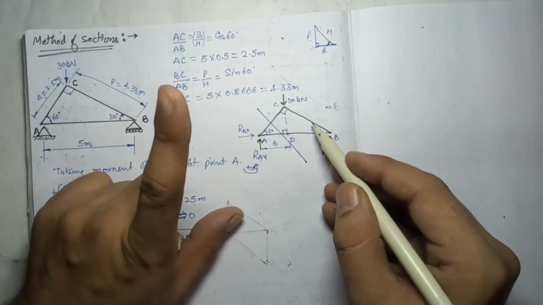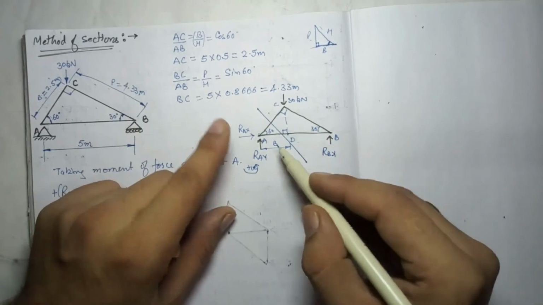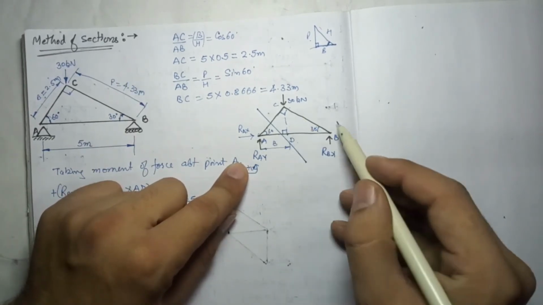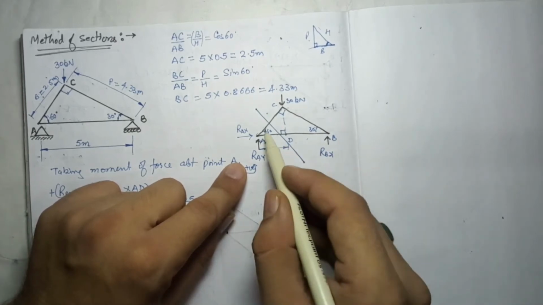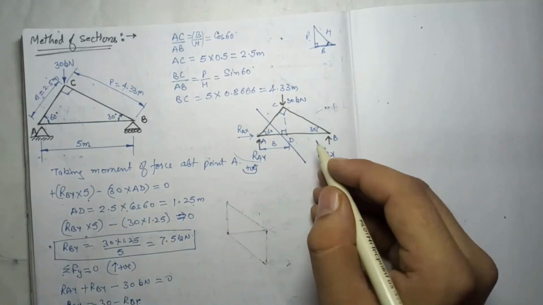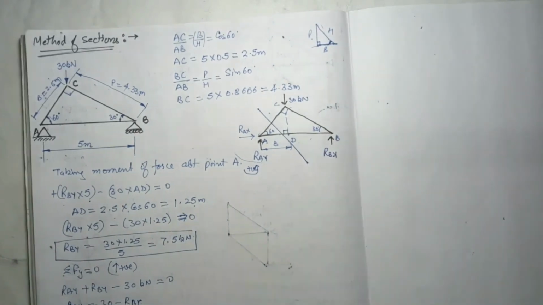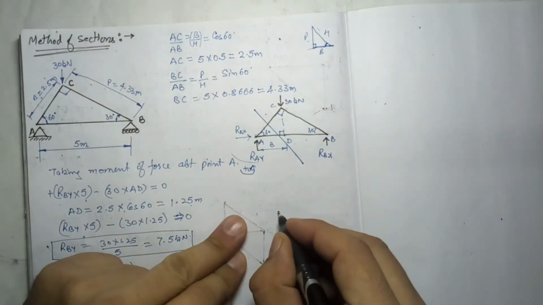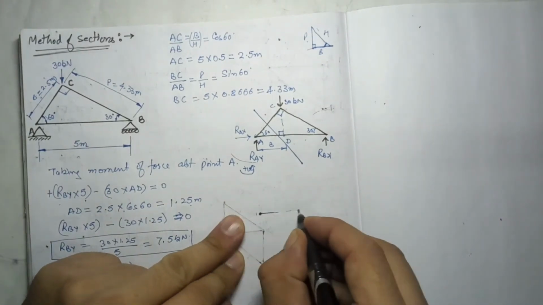Now you have to take one part into your consideration, like here only RAY force is there and two members. Here a number of forces are there, so I will prefer this part for our study and we can ignore this part. So if I draw the diagram of only the part which is in our study, the remaining diagram will be like this.